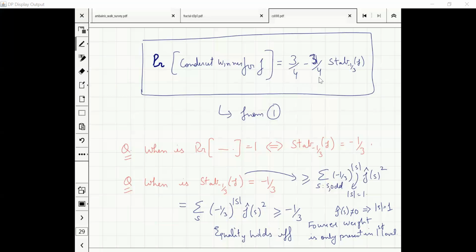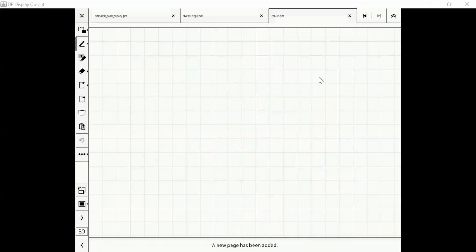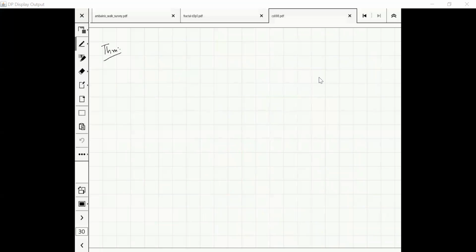So, yeah, we can have a theorem which is almost Arrow's theorem: the probability of a Condorcet winner for f is equal to 1 if and only if all the Fourier weight of f is on level 1.